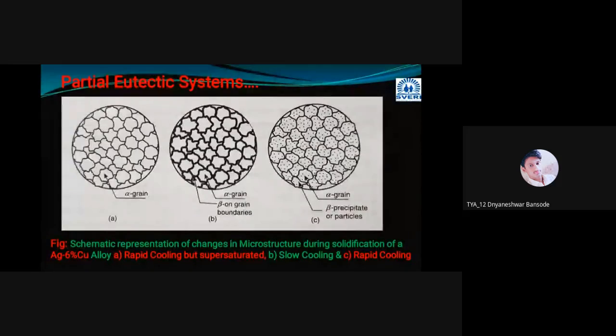Whenever it exceeds its limit, a supersaturated solid solution is formed. When that supersaturated solution comes to room temperature, the extra amount comes out from the alpha grains in the form of beta solid solution.